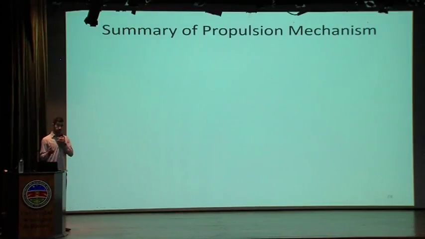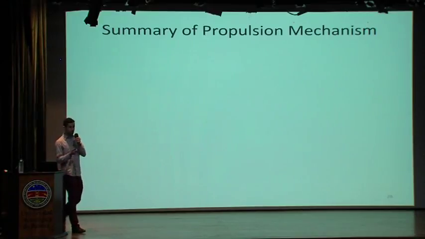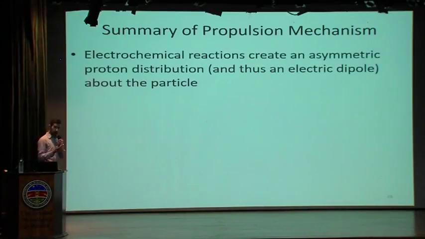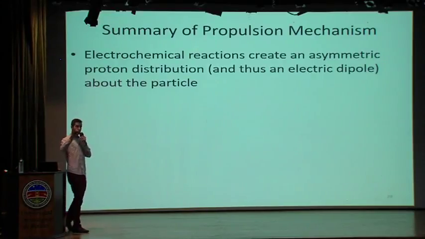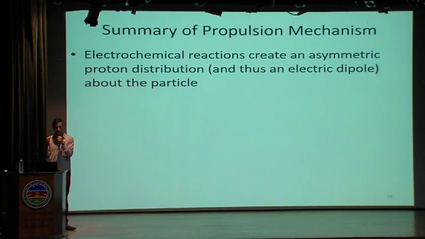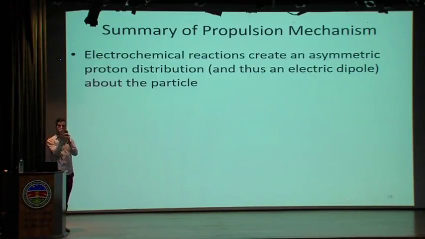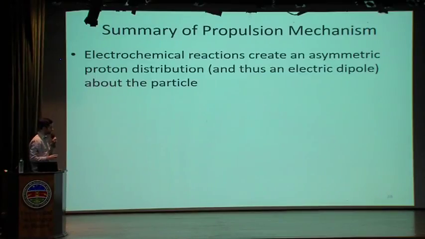I just want to give a brief summary of what we've learned from this model. First, the electrochemical reactions between peroxide and the rod that occur on the surface create this asymmetric charge distribution. Remember you saw that the fluid is positively charged near platinum and negatively charged near gold.